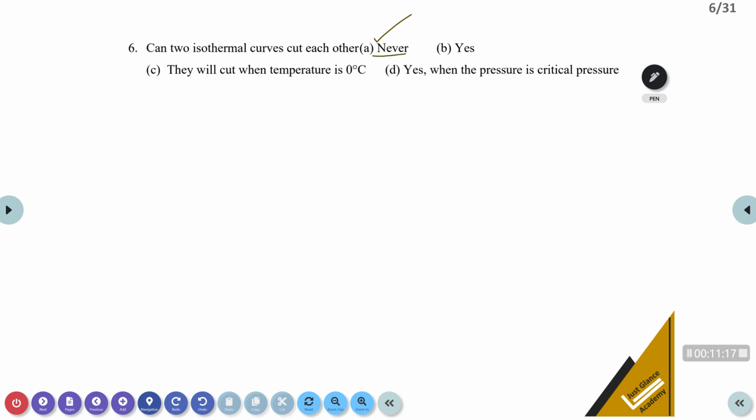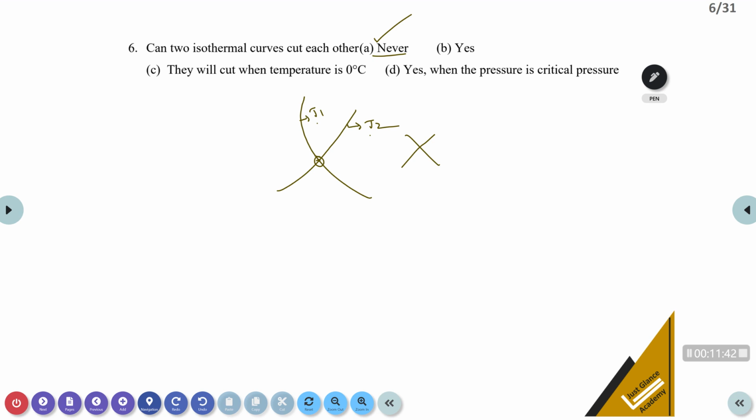What is the reason? If the two curves intersect, because this is at temperature T1 and this is at temperature T2, that means at the point of intersection, at equilibrium, the system would have two temperatures, but that is not possible. Always under equilibrium condition, the system should have only one temperature.